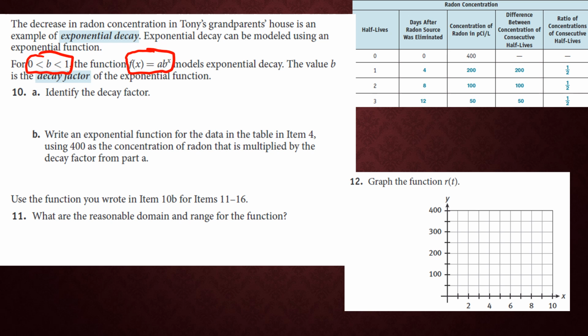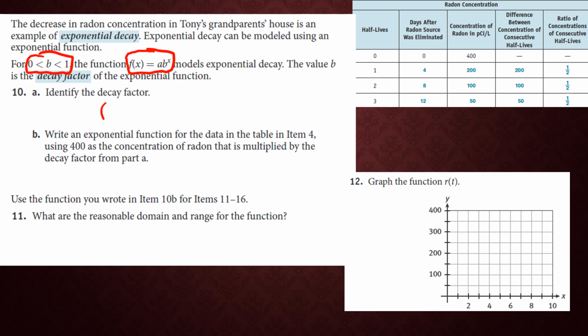Now remember, b also can't be negative because that would cause it to jump back and forth. The function outputs would go positive, negative, positive, negative. And we know that on an exponential function, those outputs will never actually cross the x-axis, so they're going to stay above 0. So in a decay function, the value of b has to be between 0 and 1.